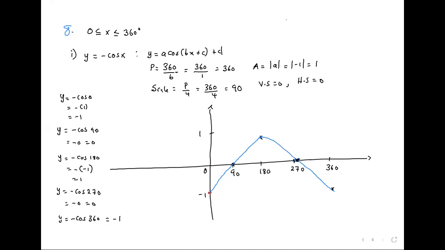No. That won't be the same. Negative cos x is not sin x, but the shifted cos x by 90 gives you sin x.